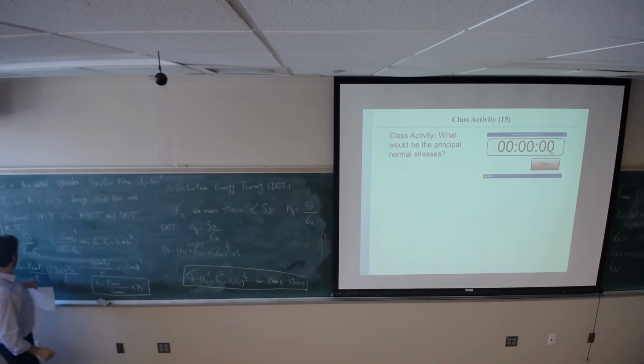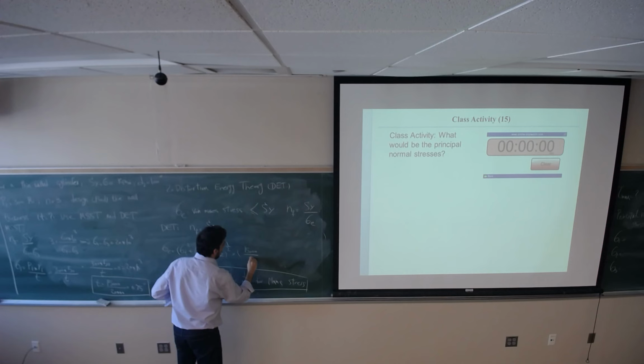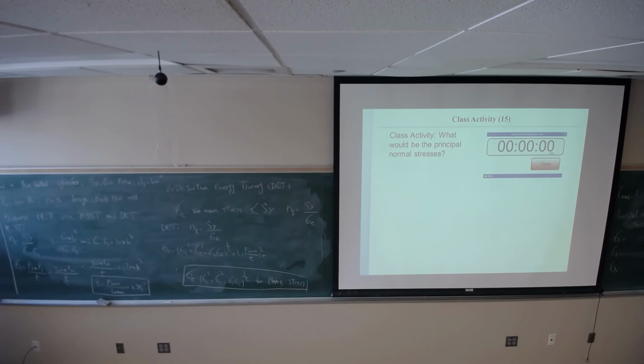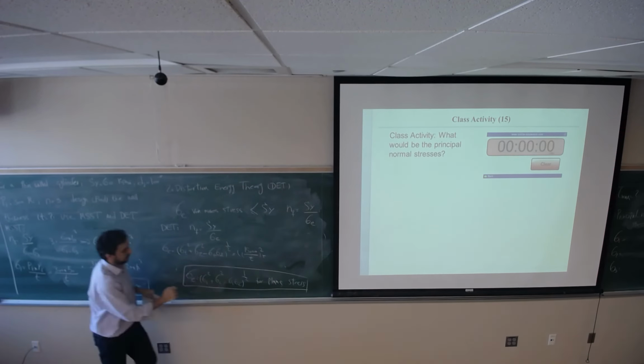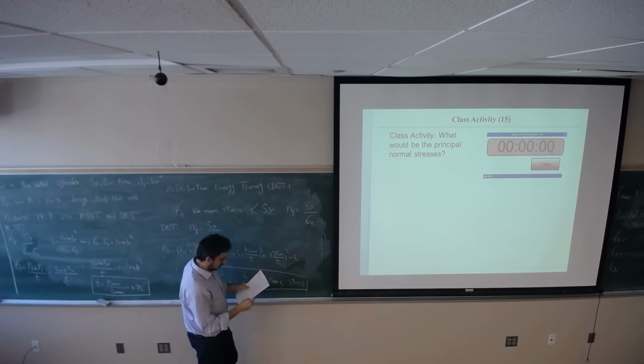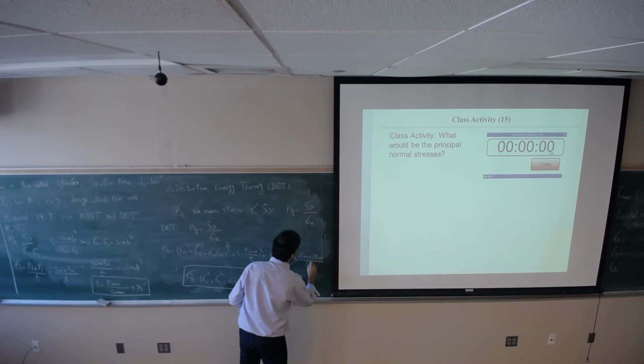Sigma T is sigma 1. It's 15,000 divided by t, squared, plus sigma Z, which is half of this, so 7,500 divided by t, squared, minus the multiplication of these two, 15,000 times 7,500 divided by t squared, all under the square root.